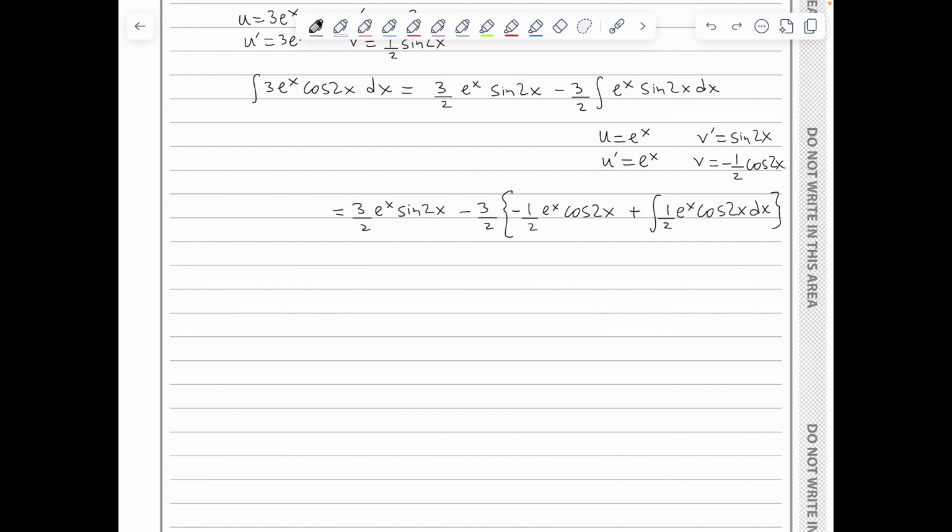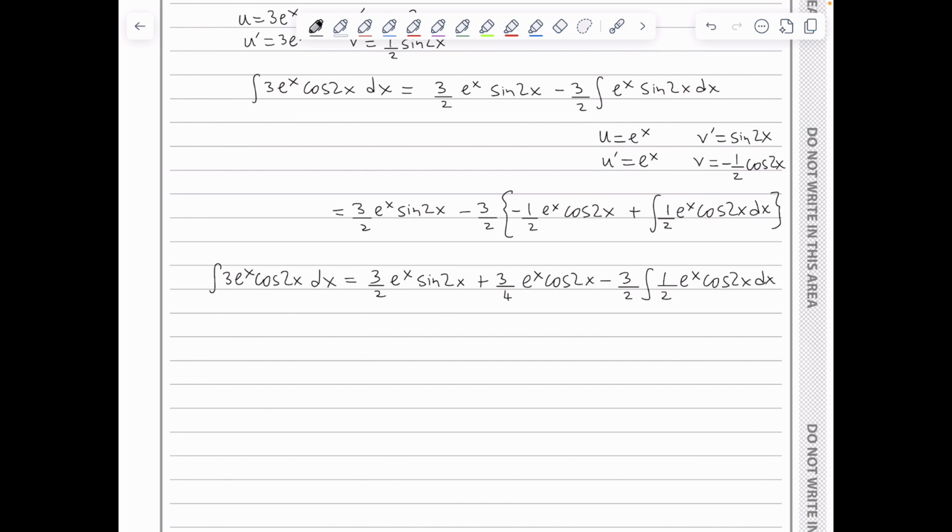So we're looking at the integral of 3e to the x cos 2x dx being equal to 3 over 2 e to the x sine 2x plus 3 over 4 e to the x cos of 2x minus 3 over 2 times the integral of a half e to the x cos of 2x dx.